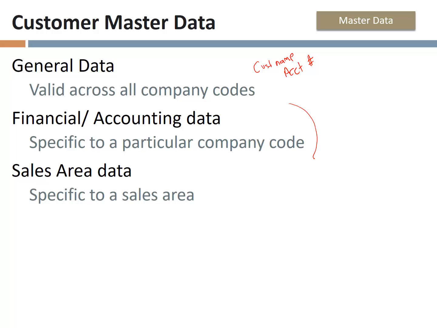So if you think about it, that means that credit management has to be handled somewhat differently, because the customer might owe company A $50,000, and company A knows that, but that's all they know. Company B, the customer owes them $150,000, and company B knows that, but company A has no way of knowing that.